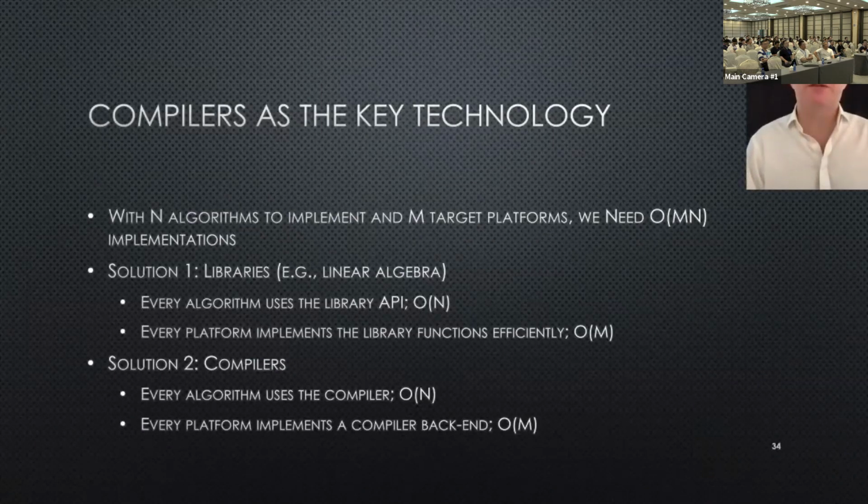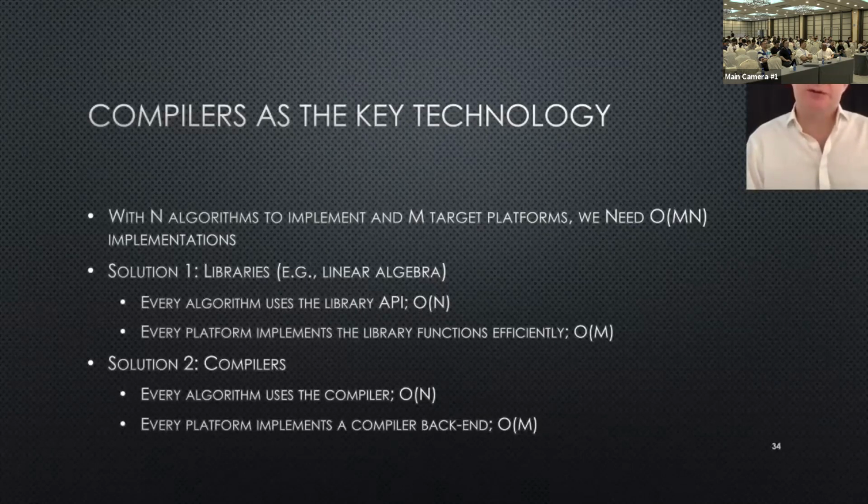So one style of solution is a library, where you build a set of well-defined functions, such as linear algebra functions, implement your task using those APIs, and then every platform has an implementation that is efficient for that particular processor, and so your code can run on many machines and still be efficient. This works quite well for limited scope tasks like linear algebra.